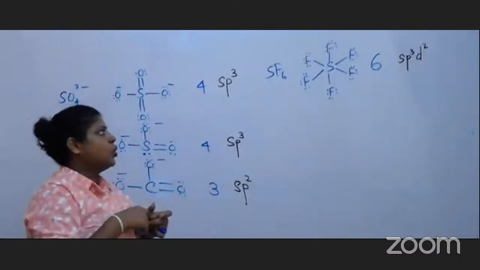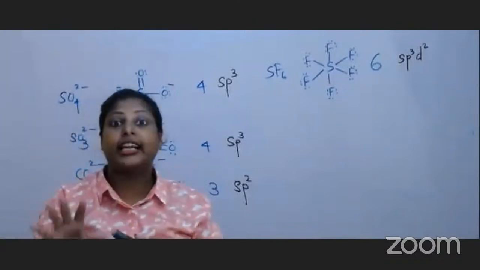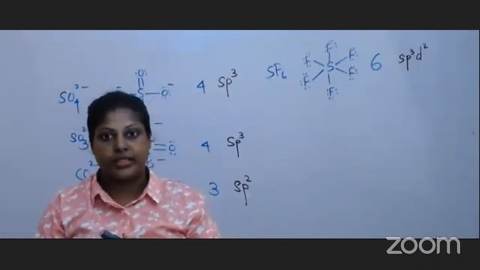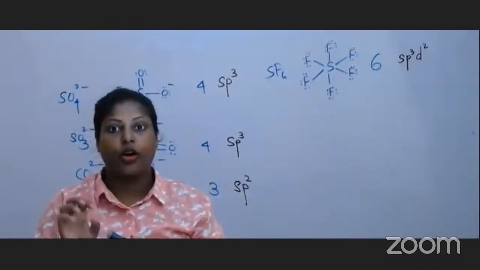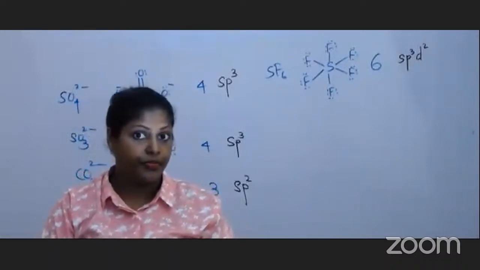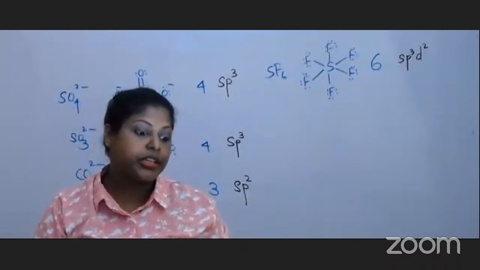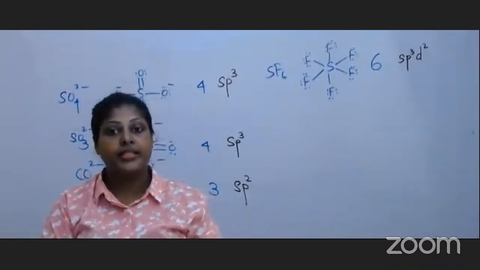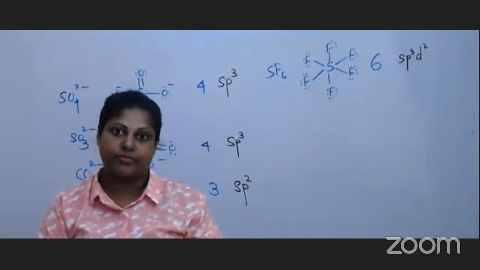Right. Okay, guys. So I think you have a clear understanding of how to get the VSEPRs after drawing the correct, stable Lewis structure for the given molecule or ion. When you know the total VSEPRs around the central atom, you can easily get the hybridization of the central atom. Right?